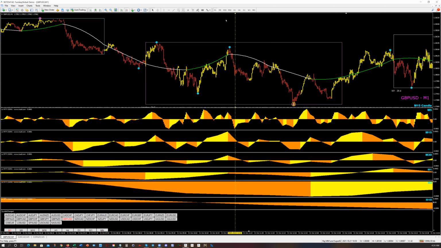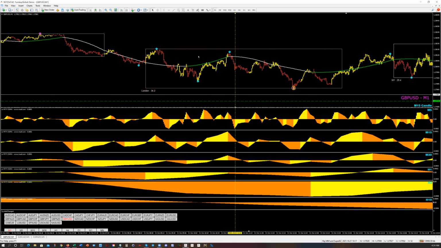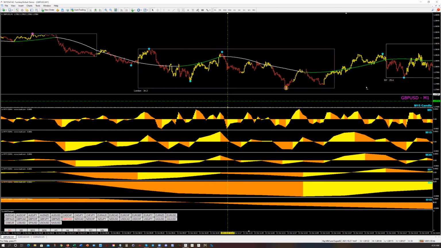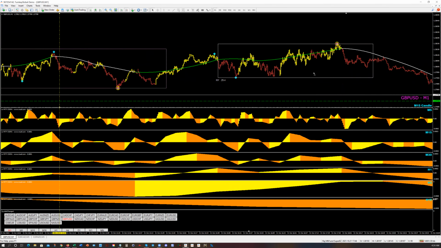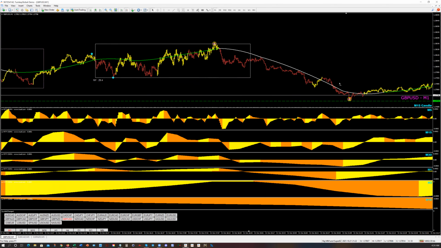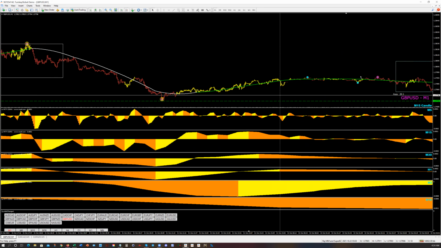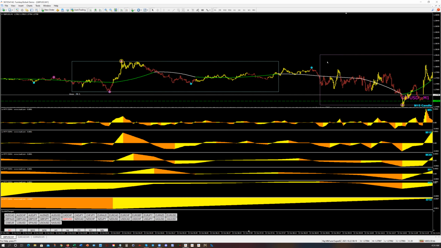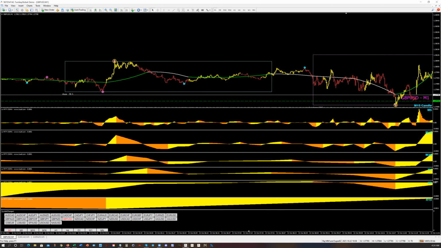That's not the right entry. Took my entry over here. Did it hit my target? I hit my target the next day. Now this is based on the 4-hour swing, so you have to anticipate a couple of days for it to hit.